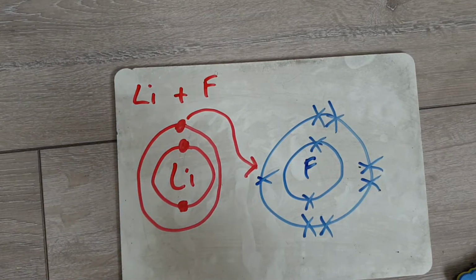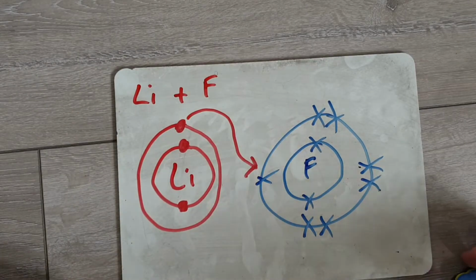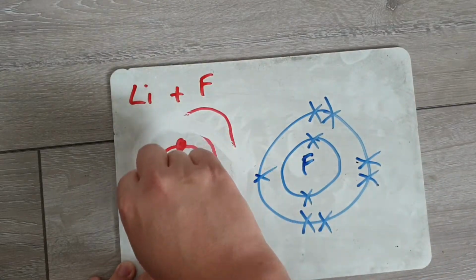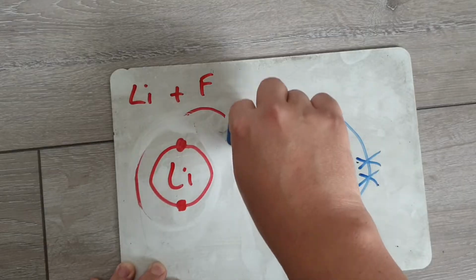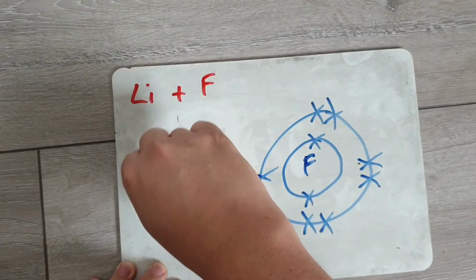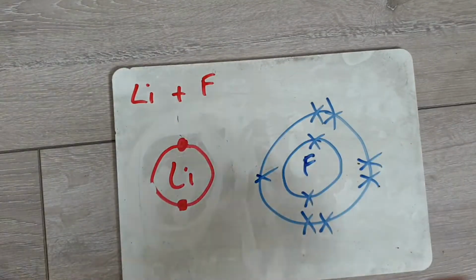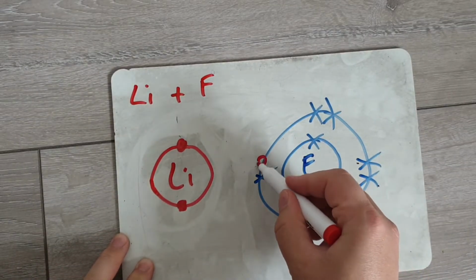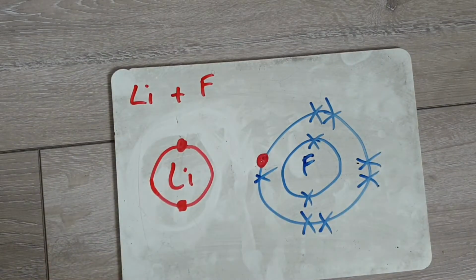How do we show that in chemistry? We just get rid of the outer shell, and we draw the electron over there.